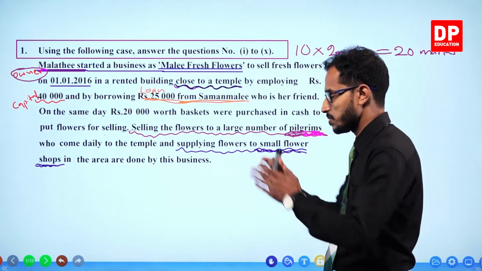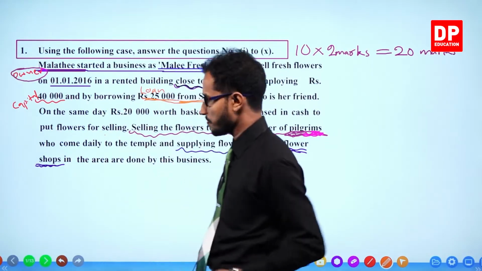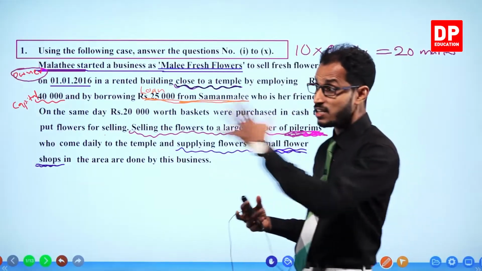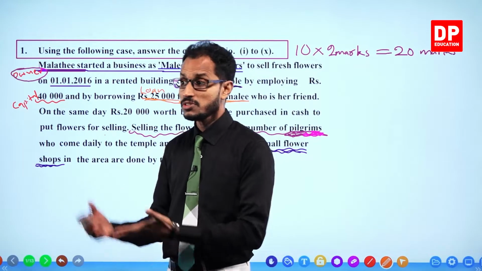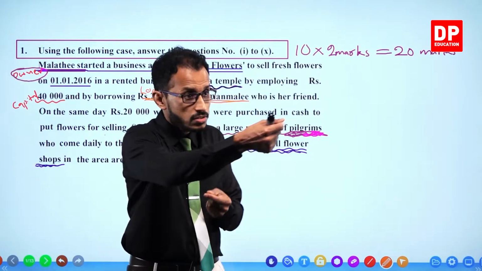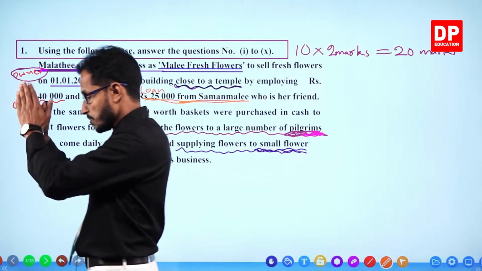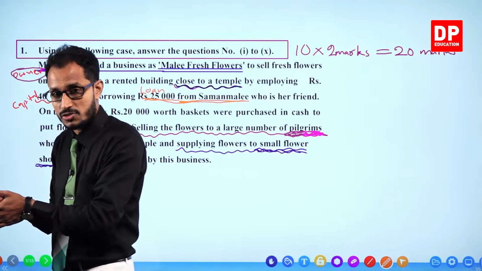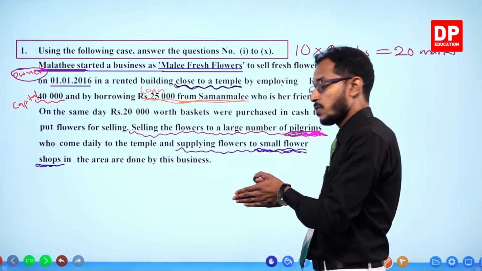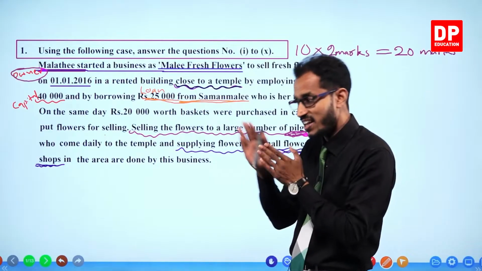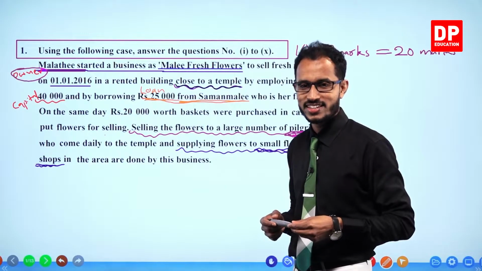Pilgrims are the people who go to offer flowers and to worship. So they are the final consumers, because they buy flowers for money and go on to worship. So selling goods to the final consumers is retailing. Right? It's retailing.